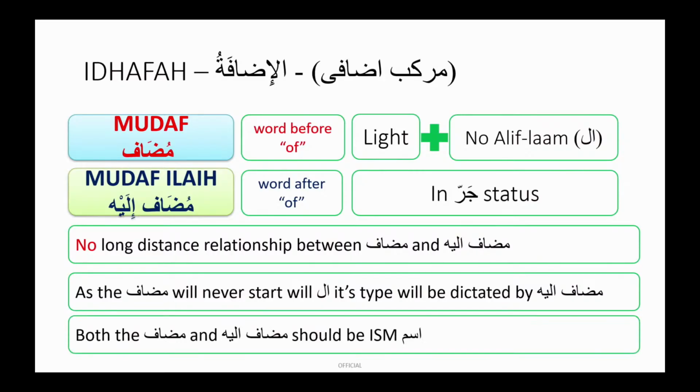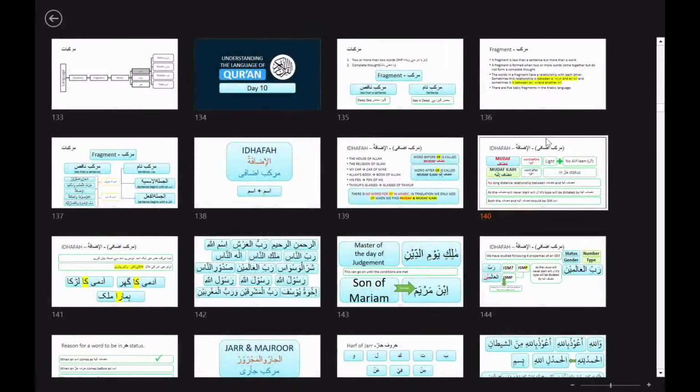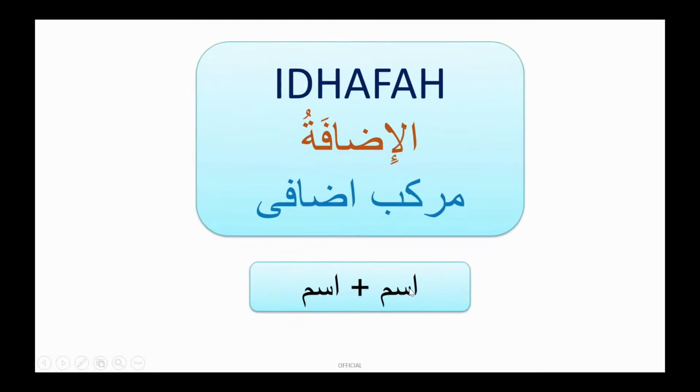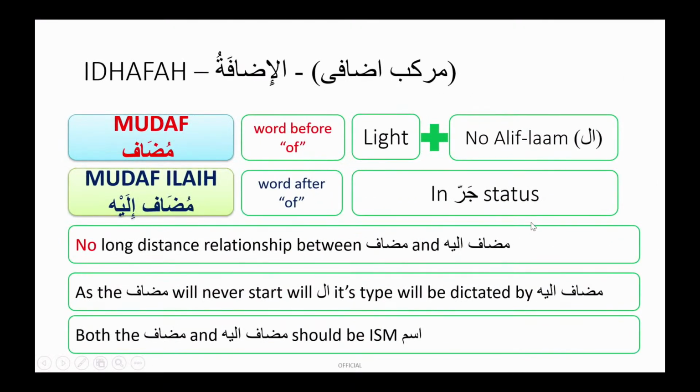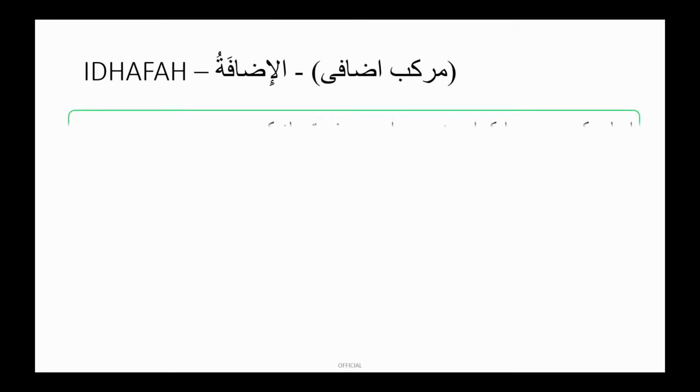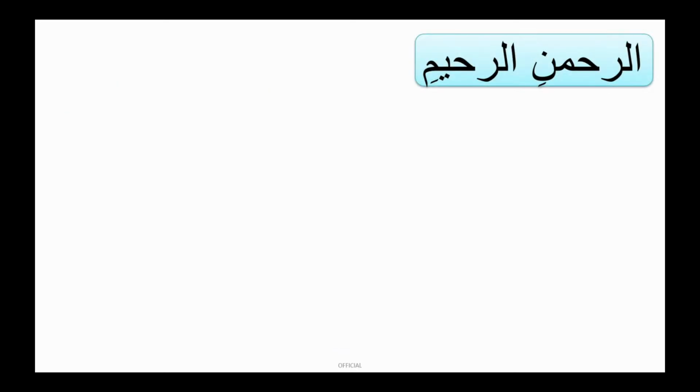We also said both the Mudaf and Mudaf ilayh should be ism, and that was the first thing which we went through, where we said that this construction is between an ism which is connecting with another ism. So it cannot be a harf and an ism. Both parties should be an ism. Is it clear? All good?